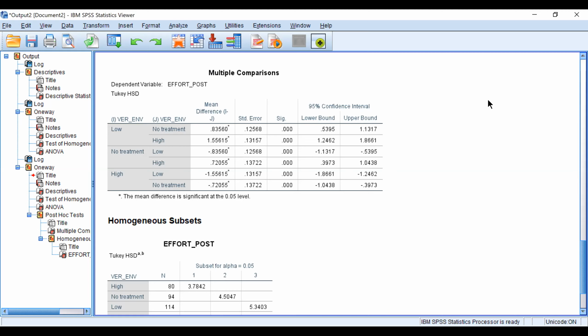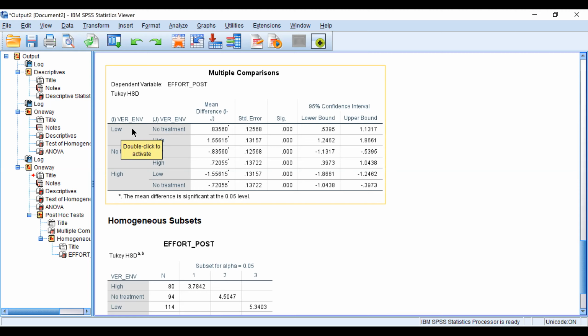But in the meantime, it's available in SPSS, and because there are these asterisks, that means that the effort post-test score of pre-service teachers who were shown grading scenarios where students were low achieving were more likely to condone effort than those who were not told anything about the students.